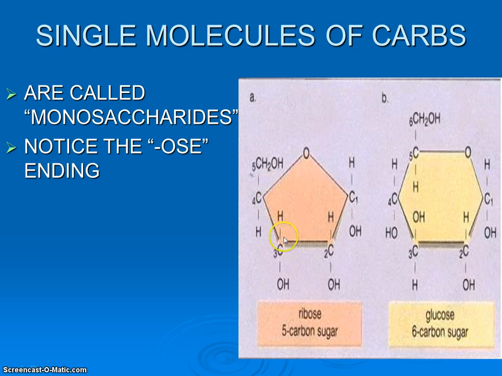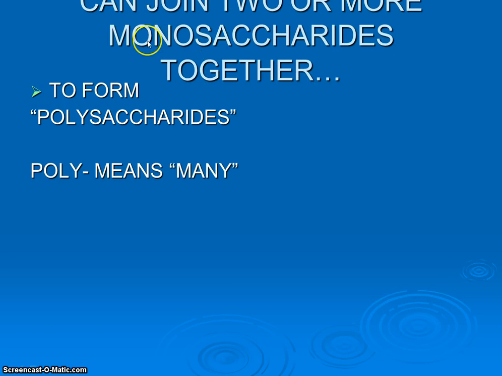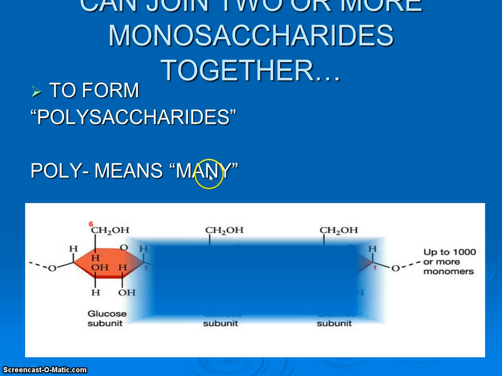And another interesting thing about carbohydrates is they almost always, when inside of cells and organisms, form rings. So anytime you see a ring-like structure, usually indicative of a carbohydrate as well. Now, we can take a couple of monosaccharides, 2 or 3 or 100, and stick them together, and we get polysaccharides. Remember, poly meaning many.